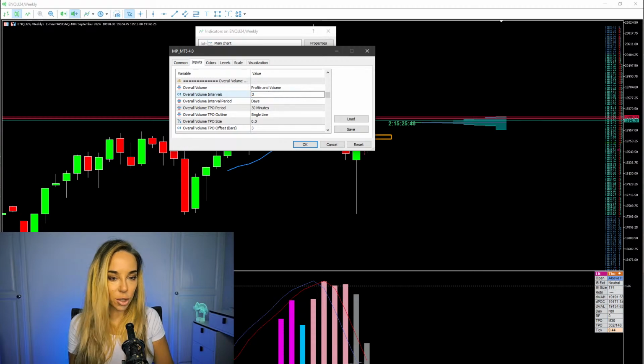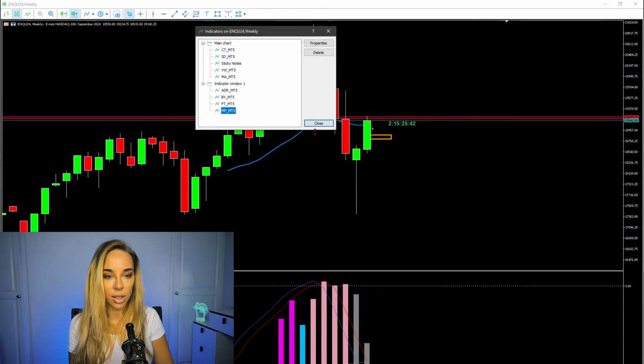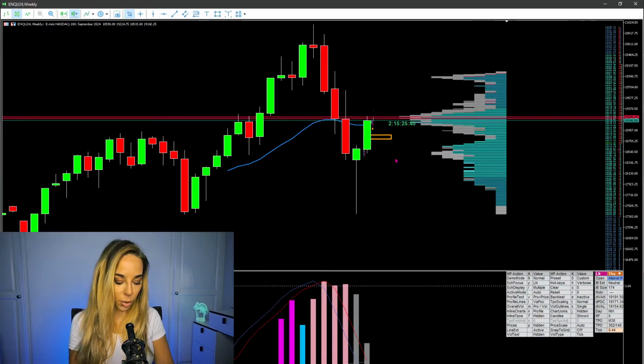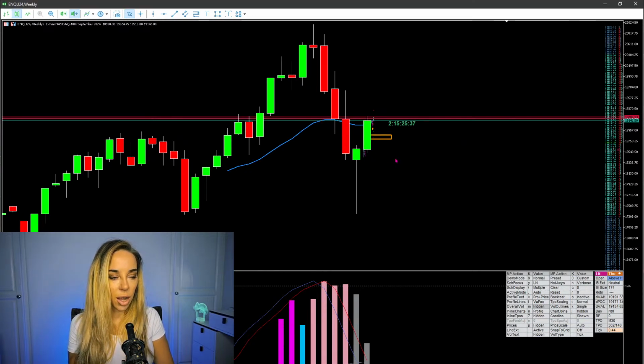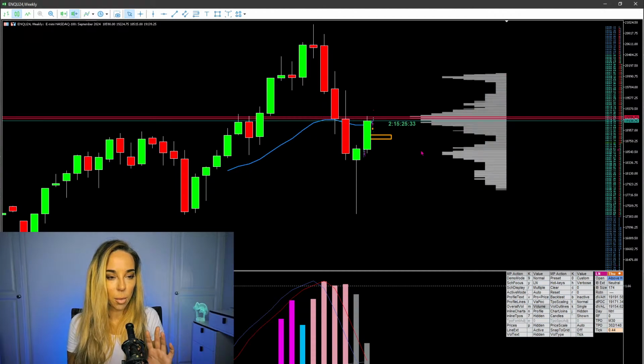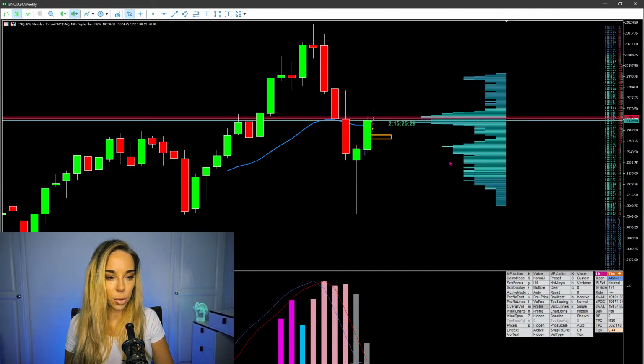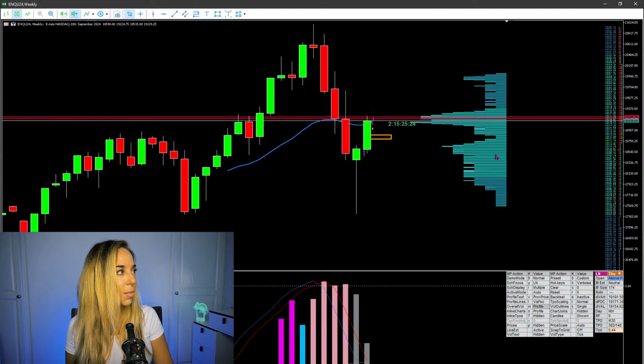Okay, so here I'm going to change this to 3 weeks so that I can see exactly what we did. And I have the overall volume, just the volume, but I also want to see the value area from that very, very large time frame. So we're still in some sort of a balance over the last 3 weeks.